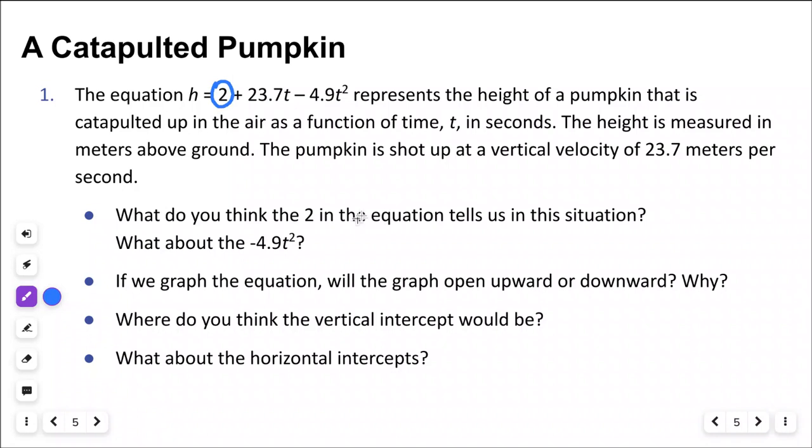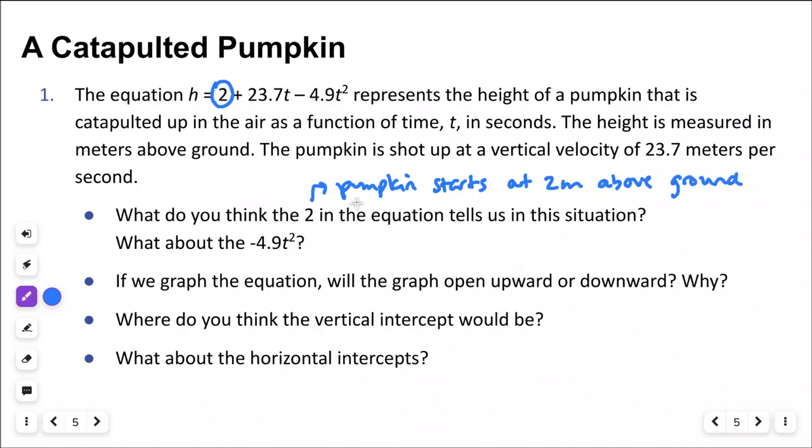So in this situation, the 2 tells me that the pumpkin starts from a height of 2, we're measuring in meters. So I can say the pumpkin starts at 2 meters above ground. That's our starting height right there.